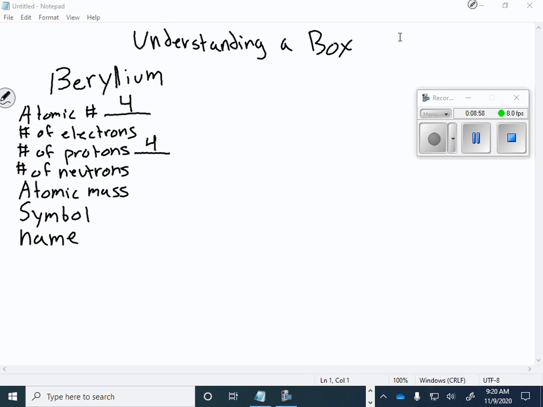Number of protons is always equal to the atomic number. And because the number of electrons is also always equal to the number of protons, that means the number of electrons is also always equal to the atomic number. And so beryllium has 4 electrons. So its atomic number is 4, its number of protons is 4, and its number of electrons is 4.